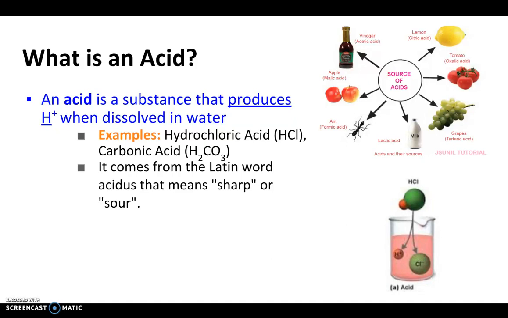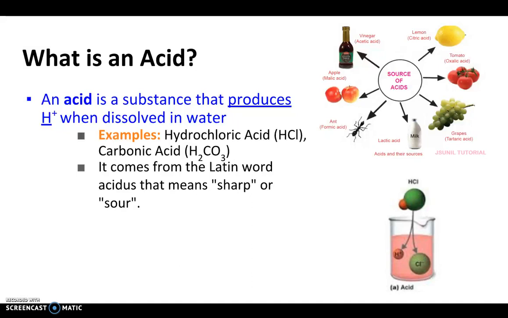Some other examples are like hydrochloric acid, which a lot of us have heard of, carbonic acid, and the word acid comes from the Latin word acidus, that means sharp or sour. And if we look at everyday sources of acids, we can see that we know what acids taste like.